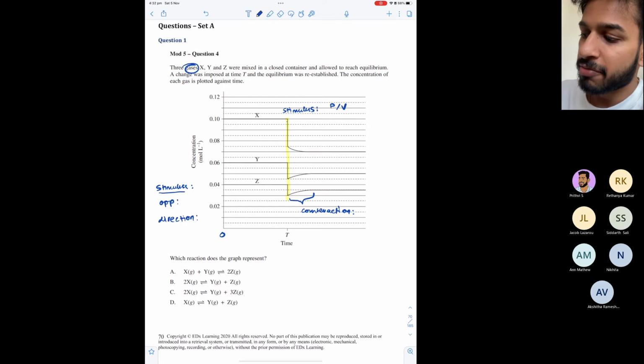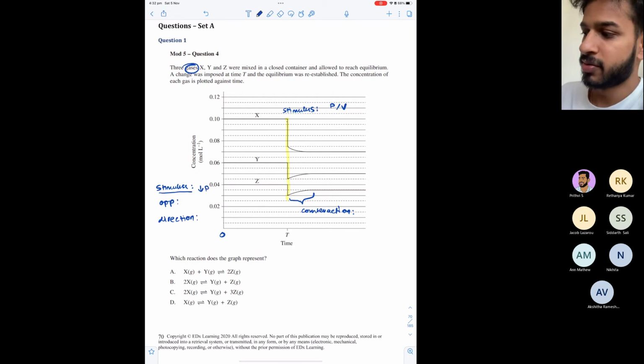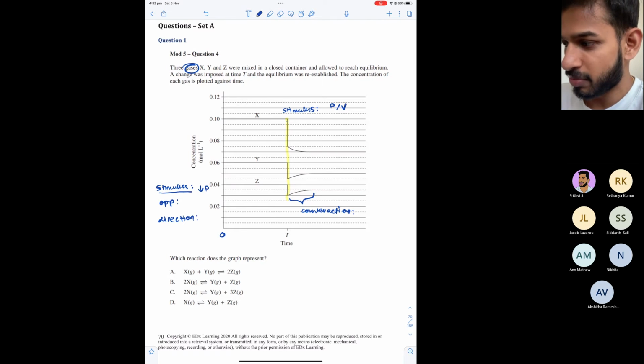With a stimulus, you have to be very accurate and precise. So, Anne, was it an increase in pressure or a decrease in pressure? A decrease? Good, a decrease in pressure. Now, according to Le Chatelier's principle, what is the opposite of decreasing pressure? Increasing it. Good.